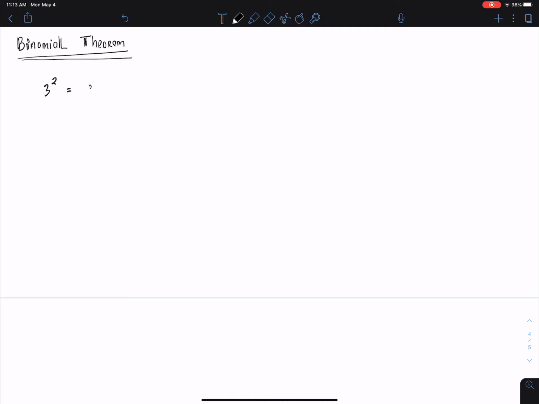This definitely is 3 times 3, and you know that will be 9. And what about 3 to the power of 3? So that will be 3 times 3 times 3, then you can get 27. What about 3 to the power of 1? So definitely this will be 3. And what about 3 to the power of 0?